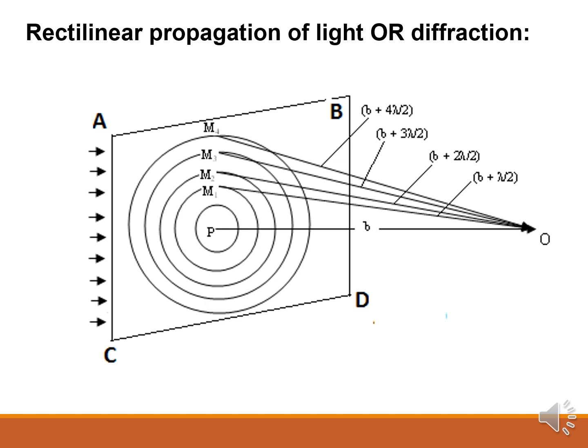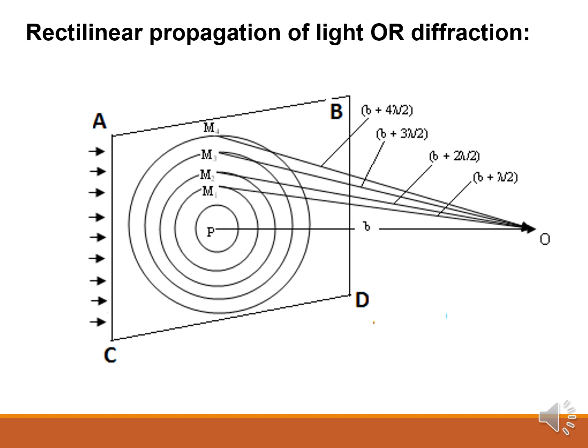Even though the waves are emitted from different points of the wavefront with the same phase, when they reach O, they have phase differences due to two reasons. Number one, the waves from different points travel different distances, and two, the obliqueness of the wave reaching O from different parts of the wavefront has different values.